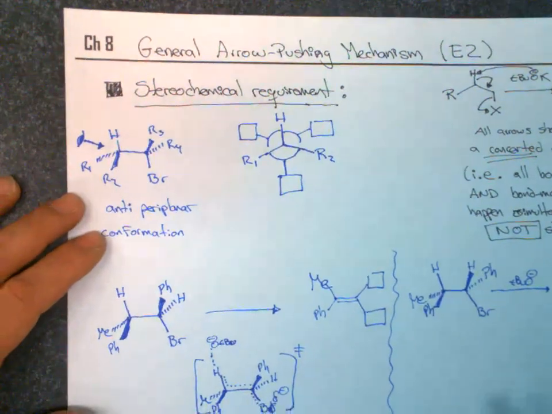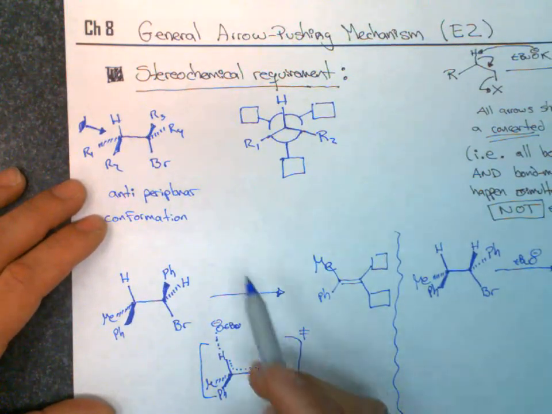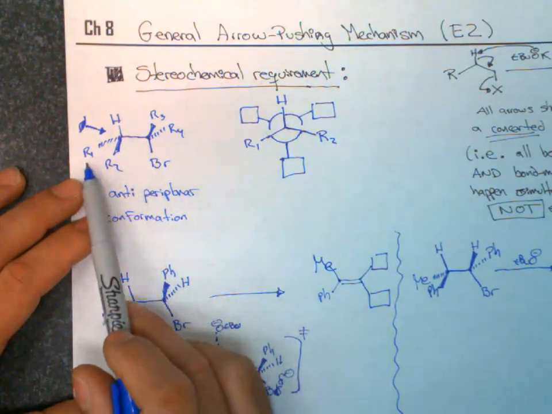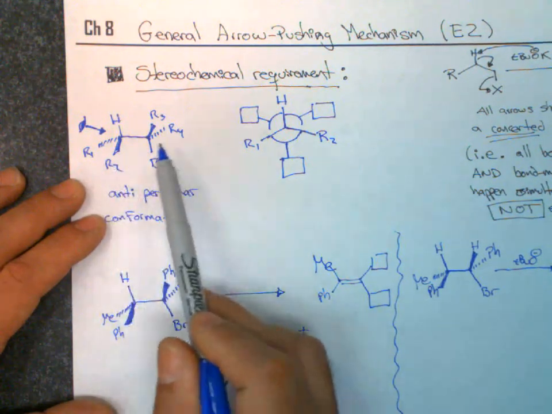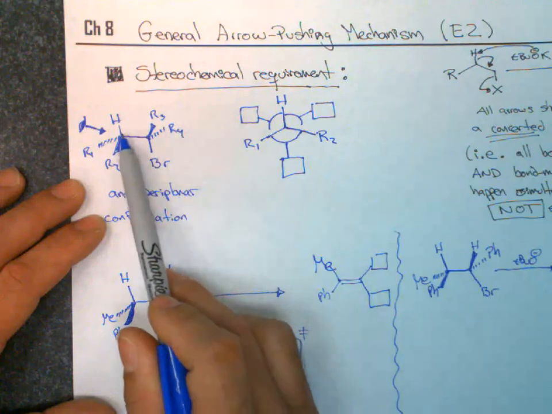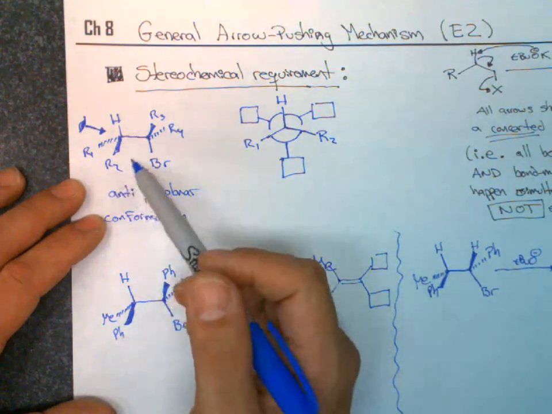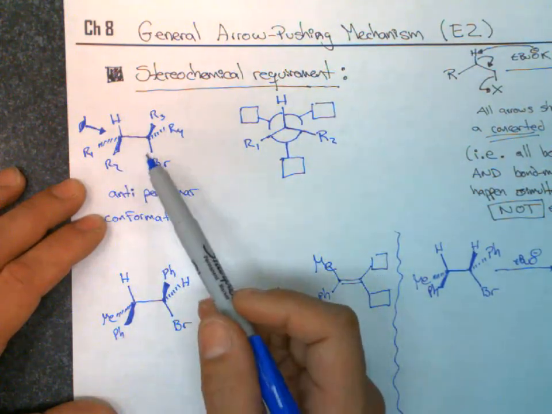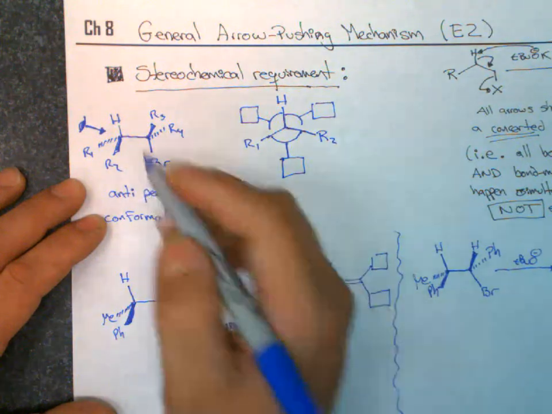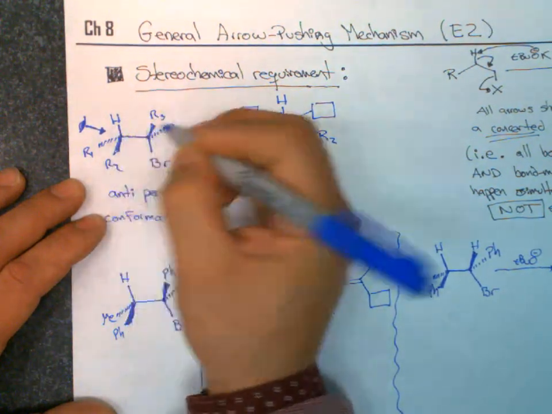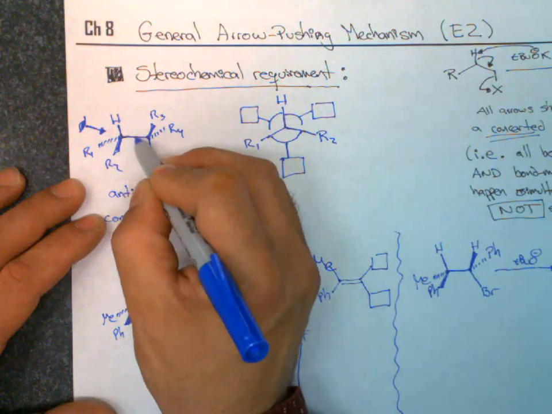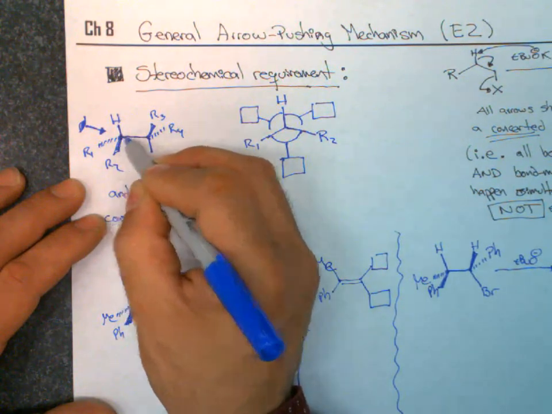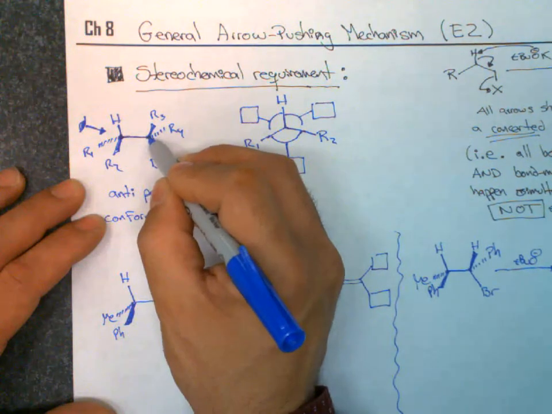If you have this particular alkyl halide, I have generic substituents R1, R2, R3, R4, H, and Br. Notice how I'm using wedge and hashed lines and solid lines to indicate I have a hydrogen in the same plane as the carbon, the same plane as the alpha carbon.